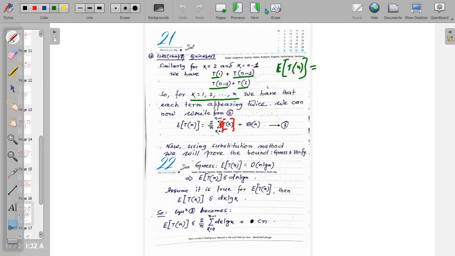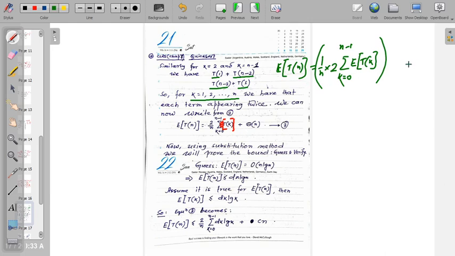We can write this as 2 times 1 by n. 1 by n is there and each term appears twice, so I am taking 2 common and taking it outside. Then inside I get the summation k equals to 0 to n minus 1 of the expectation of T k.